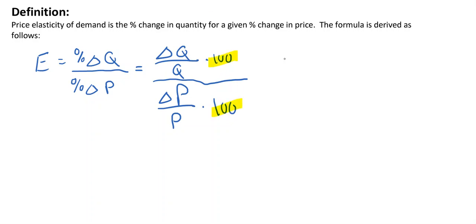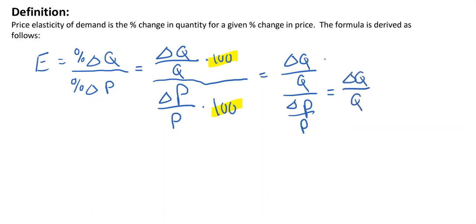And so what we're left with here is delta Q over Q divided by delta P over P, which is a complex fraction. And we can write that by multiplying the numerator, delta Q over Q, by the reciprocal of the denominator, which would look like this.